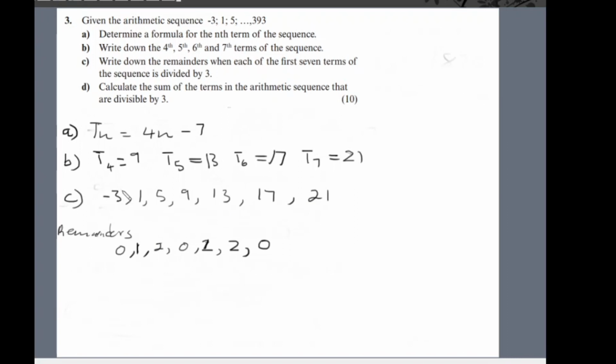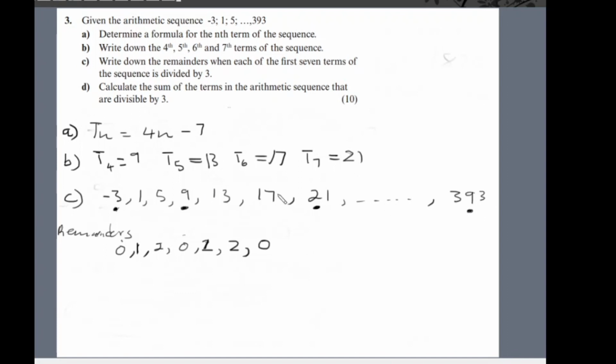So from your sequence, select those terms which are divisible by 3. Those terms correspond to where your remainder is 0. Right? So this one is divisible by 3, this one is divisible by 3, that one is divisible by 3, and the last term is divisible by 3, right?